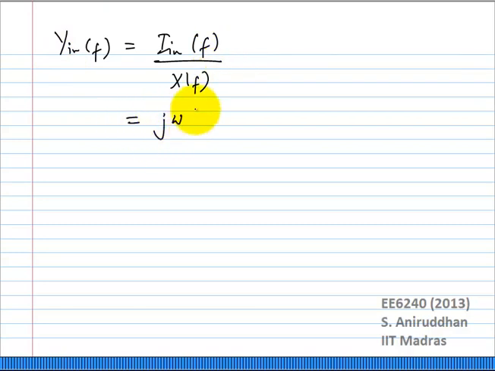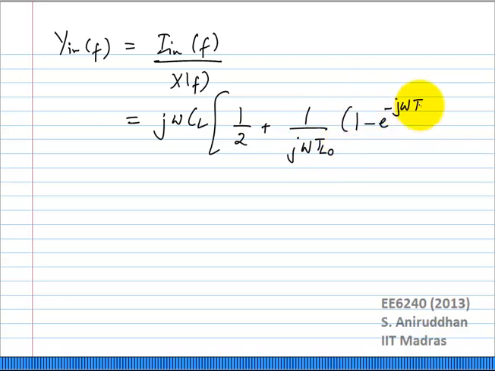So it's j omega C_L into half plus 1 over j omega T_LO into 1 minus e power minus j omega T_LO by 2. This is the expression for the input impedance.